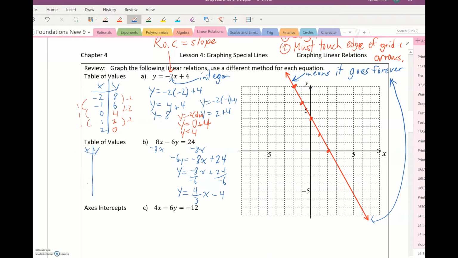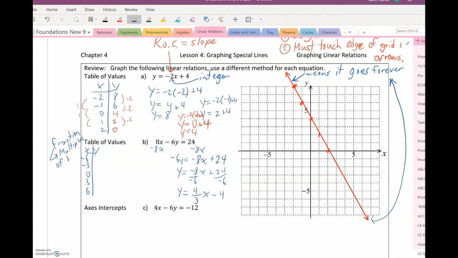Okay, so for my fraction, I have multiples of 3 because that's the denominator. Multiples of 3. So I will go negative 6, negative 3, 0, 3, and 6. Those numbers will cancel out my fraction, so I have whole values to plot.